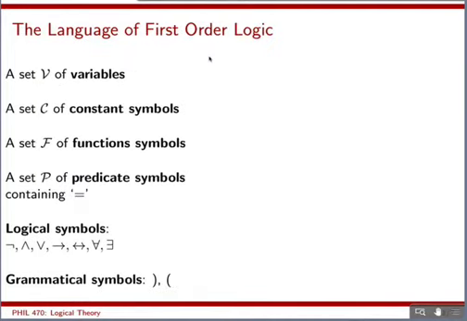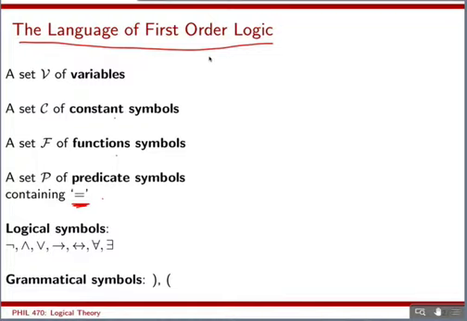Alright, now the language of first order logic consists of a number of different symbols. We have a set of variables, a set of constant symbols, a set of function symbols, a set of predicate symbols, including a special predicate equality.